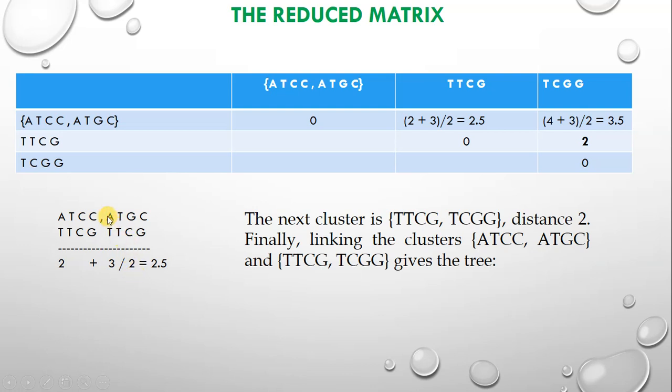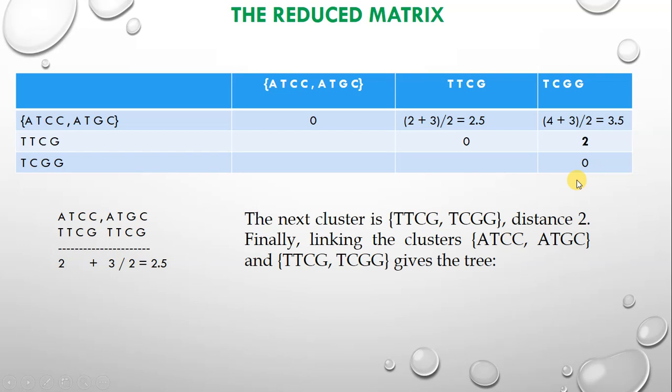So if there are 2 sequences, like this is sequence 1 and this is sequence 2, the average is 2.5. The same way you can calculate for this, and the distance will be 3.5. Now when sequence 3 was analyzed, the distance came 2.